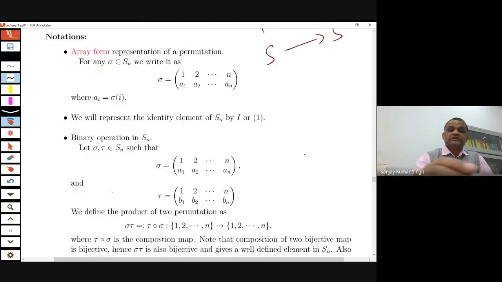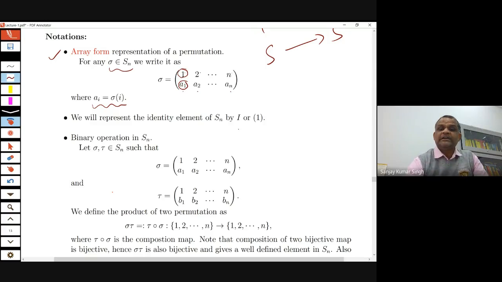Now some notations. We call this the array form. How is this array form of a permutation represented? A permutation is a map. So suppose a1 is the image of 1, then I will represent it like this: 1, 2, ..., n over a1, a2, ..., an, where ai is nothing but the image of i under the map. This form is called the array form.